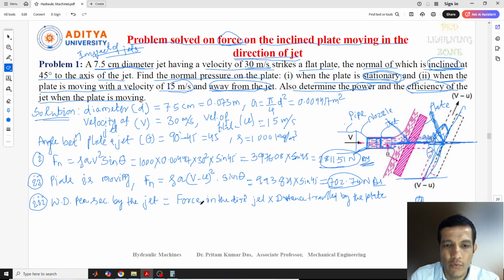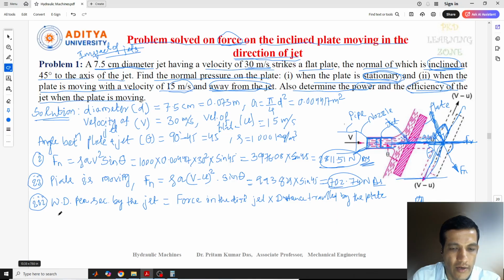So here the force in the direction of z is nothing but this one, this is Fx, and here normal force we have calculated, this is Fn. So here angle is 90 minus theta, and we need to find out the Fx value.